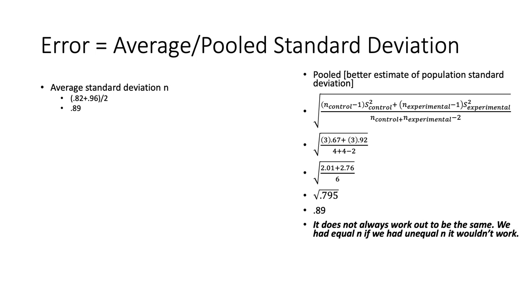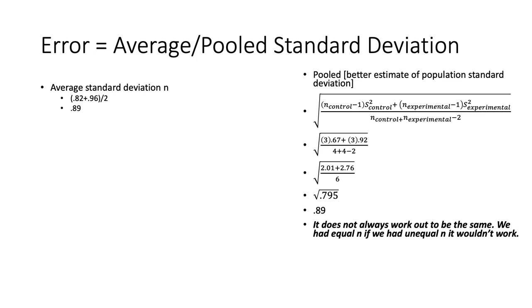So we got the variance of the control group. We're looking for the average standard deviation. What do we know about variance? The square root of variance is standard deviation. So now you understand the square root, why that's there. So that's there to eventually get rid of the squared units of deviation. We see our variance calculation there for the control group and our variance calculation for the experimental group.